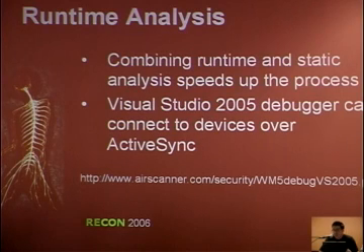You won't have symbols, but at least you can debug, and you can do lots of cool stuff with it. A lot of the DLLs in here are stored in the ROM, and you don't really have access to them. They're hidden, but if you write a small program that loads up the DLL, you can start dumping memory, and you can actually extract a lot of these DLLs that they don't want you to see.